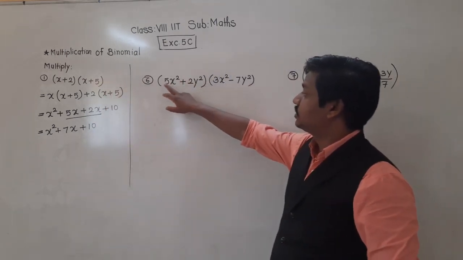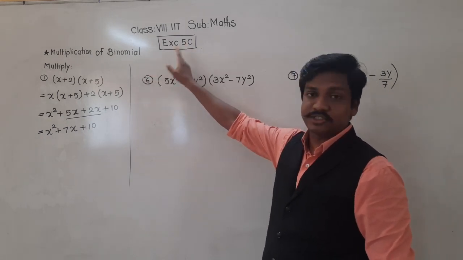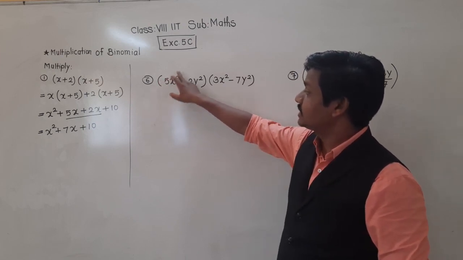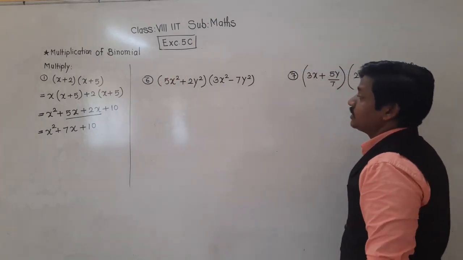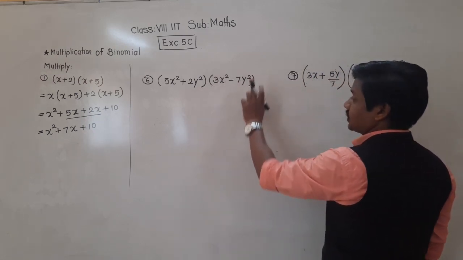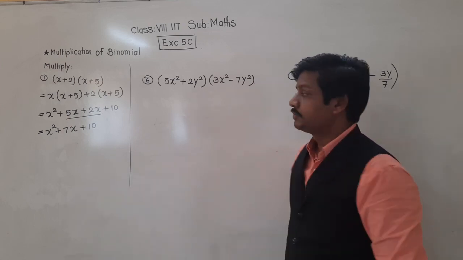The next example is number 61 from exercise 5C. I have taken here 5x square plus 2y square multiplied by, in bracket, 3x square minus 7y square. Both these are binomials.